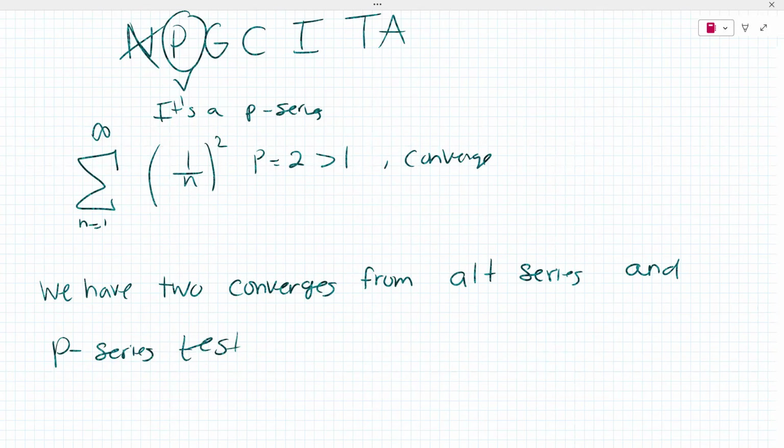So our final answer, because we have two convergences, is that it's absolutely convergent.